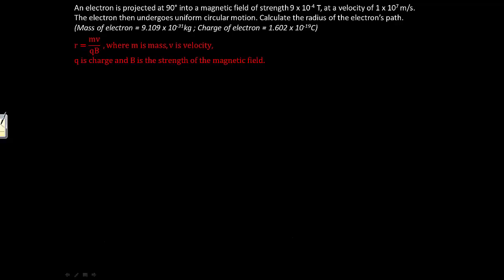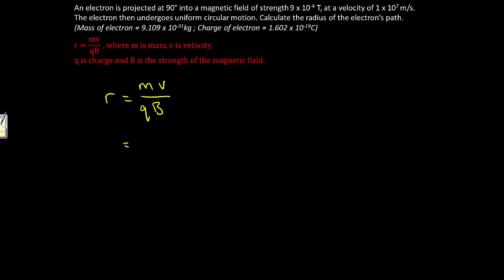Remember last time that what we did was we took all the values or numbers and we substituted them into the equation. We're going to do the same thing this time, but with the units. So allow me to just write it out again for you. R equals mass times velocity divided by charge times the strength of the field.